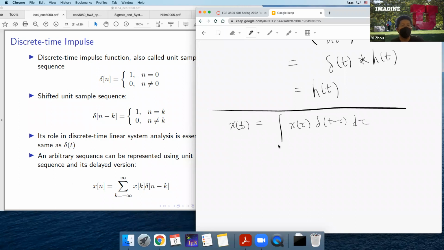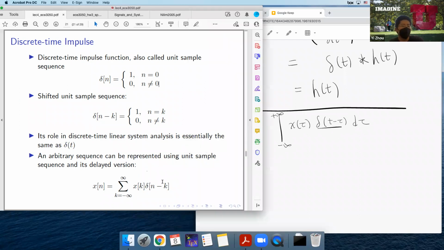We have this general representation of any signal in terms of the impulse signals. Similarly, for discrete time, we also have the same expression. We are basically changing the integration into a summation, and everything else is the same.